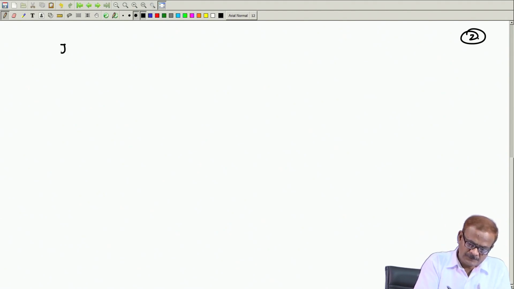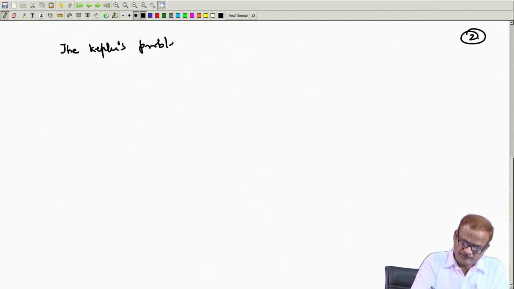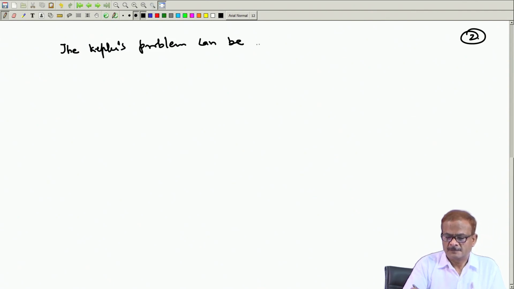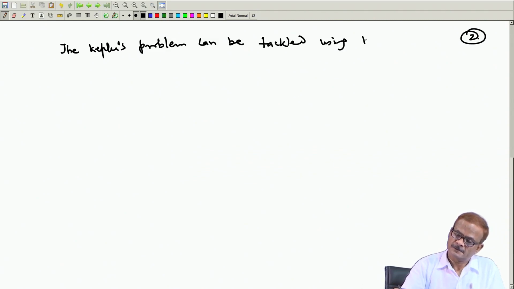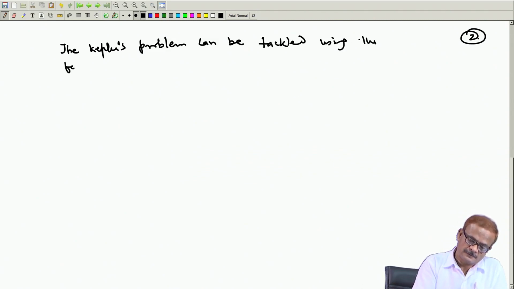So Kepler's problem can be tackled using the following methods.